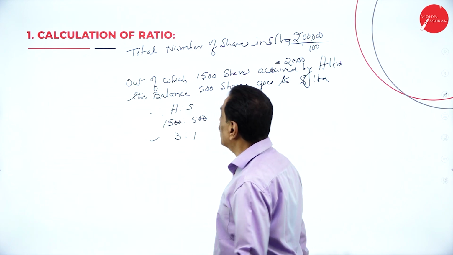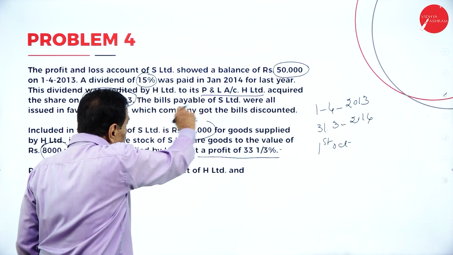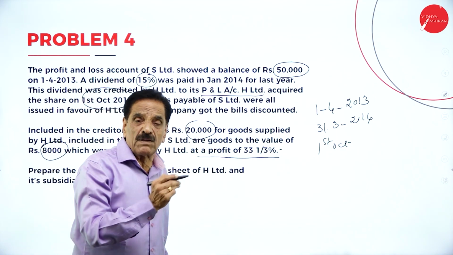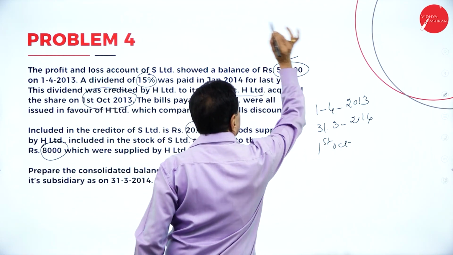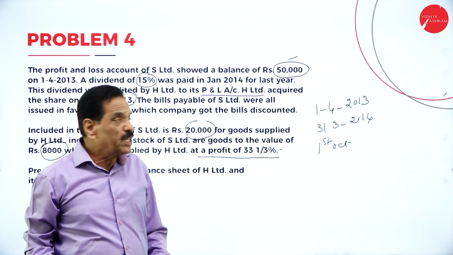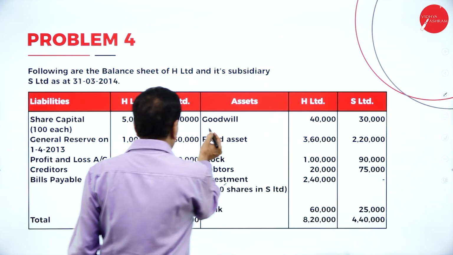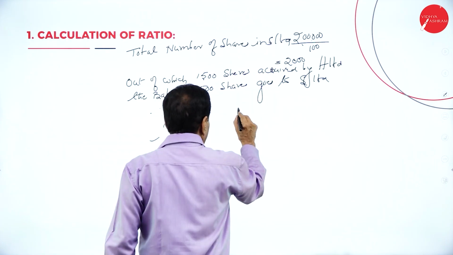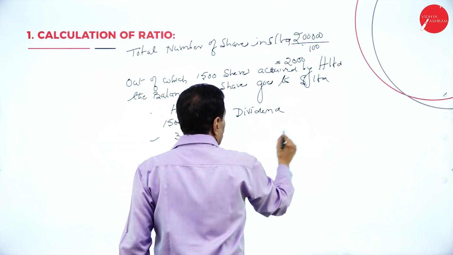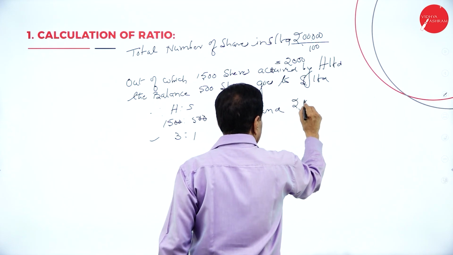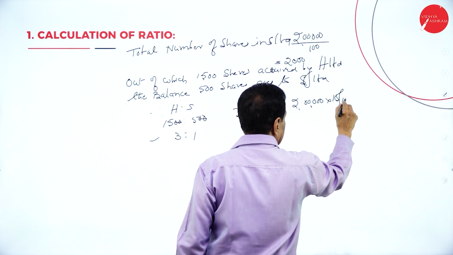Then there is a wording here, 15% dividend was paid, has been credited to H Limited. So last year's dividend was not deducted. Whatever the profit available is not the real profit. So the dividend of the last year is based on the calculation on the capital. The capital is how much? 2 lakh. Dividend is 2 lakh into 15 by 100.